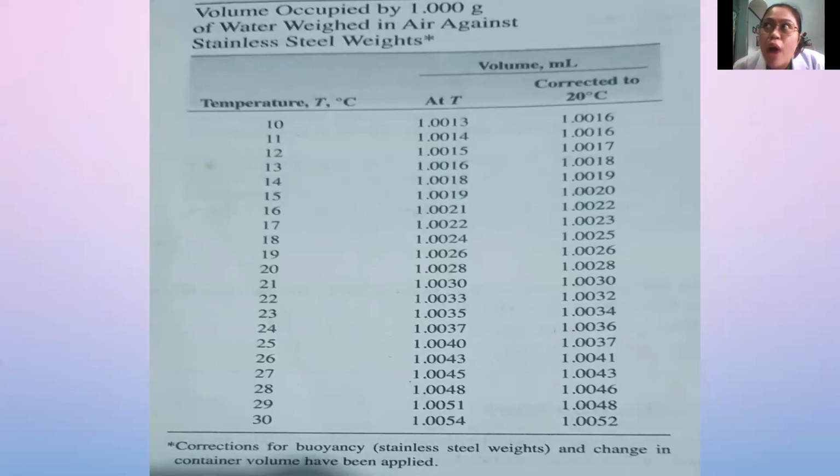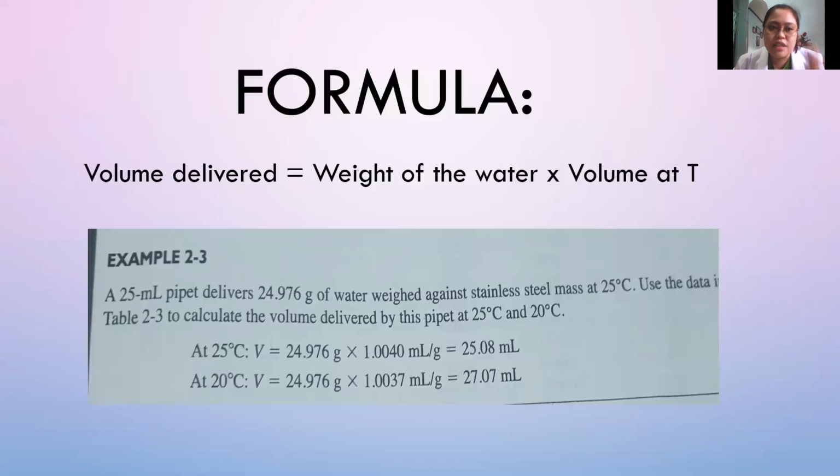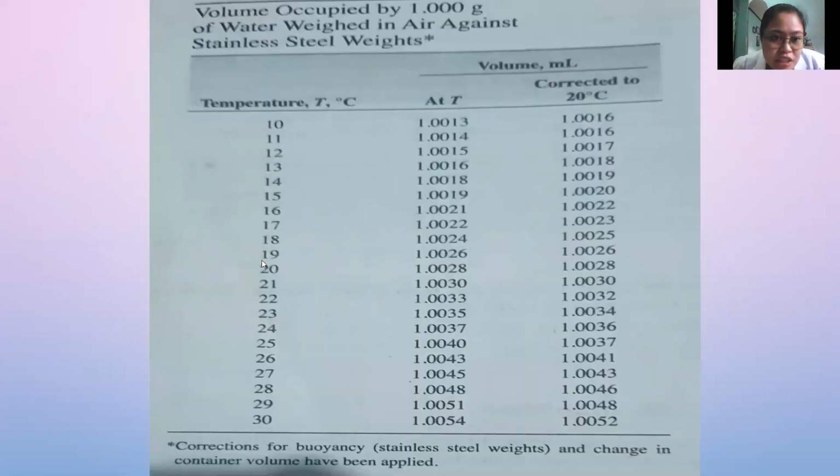Pag makuha na nimo ang weight sa water, imuha na siyang i-check dinhi sa table. If ang temperature is 20 degrees Celsius, then you use this 1.0028 to correct the volume using this formula. So the volume delivered is equal to the weight of the water times the volume at P. Ang kanang volume at P, ano siya, temperature, for example, 20 degrees Celsius, ito ang kanyang volume at 20 degrees Celsius, 1.0028.